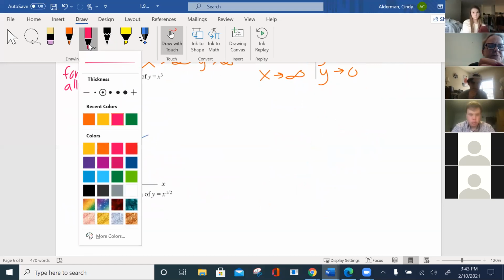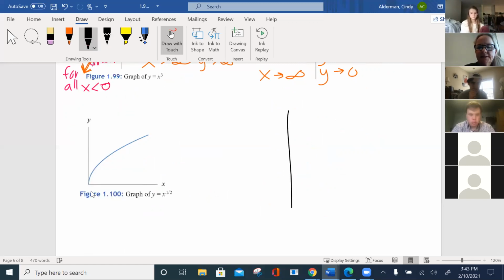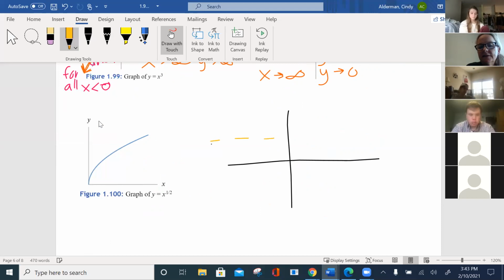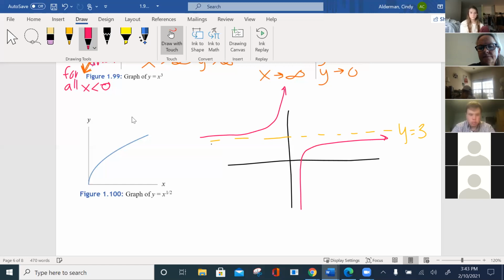I'm going to do a different example. Let's say I had this graph, and let's say the horizontal asymptote was here at y equals 3, okay? And let's say I had a graph that looked like that.